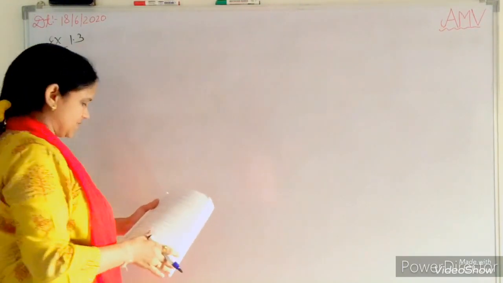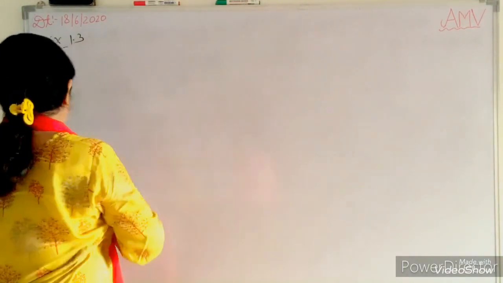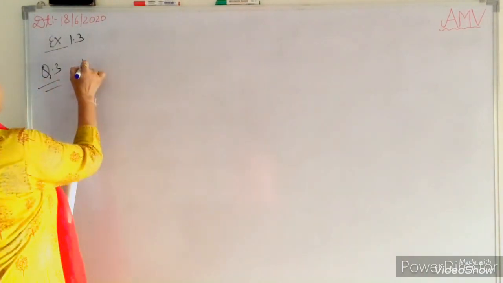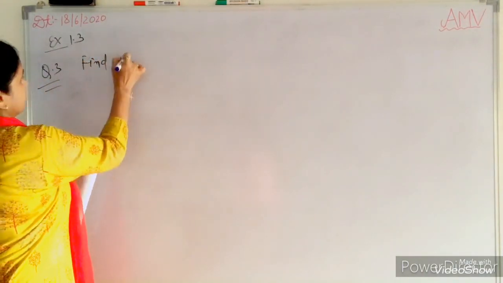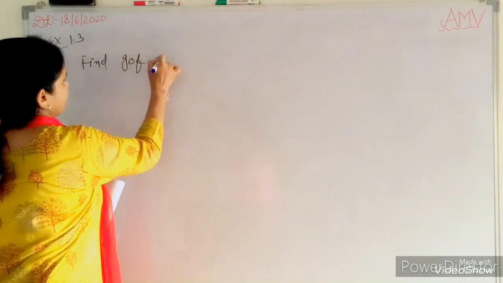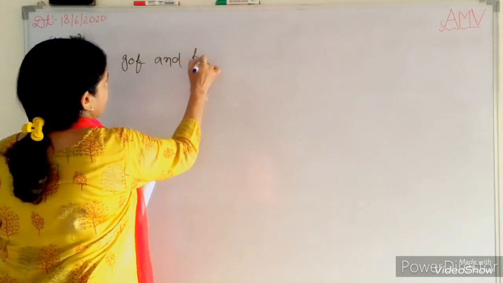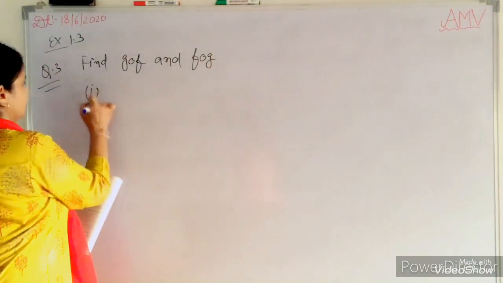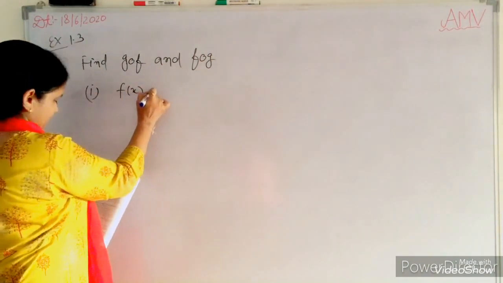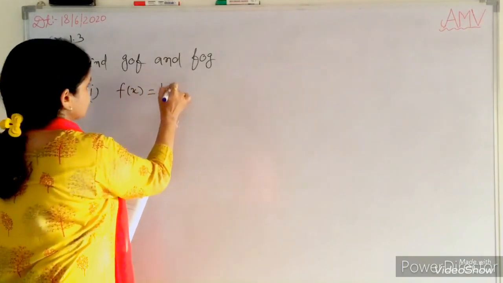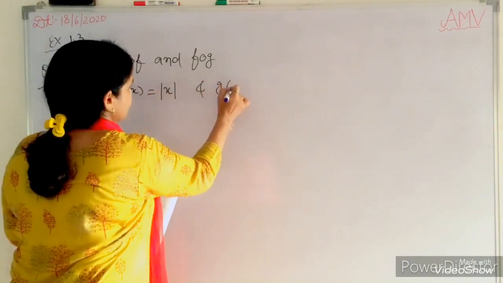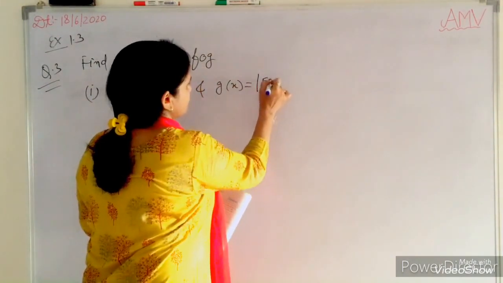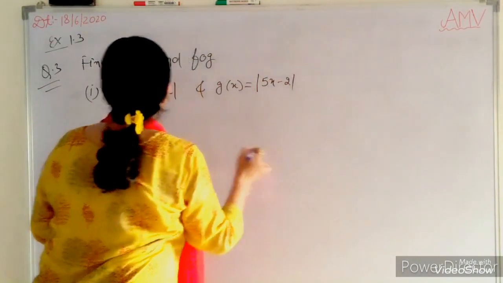The third question is: find gof and fog. Here, student, first f(x) is given as mod of x and g(x) is given by mod of 5x minus 2.